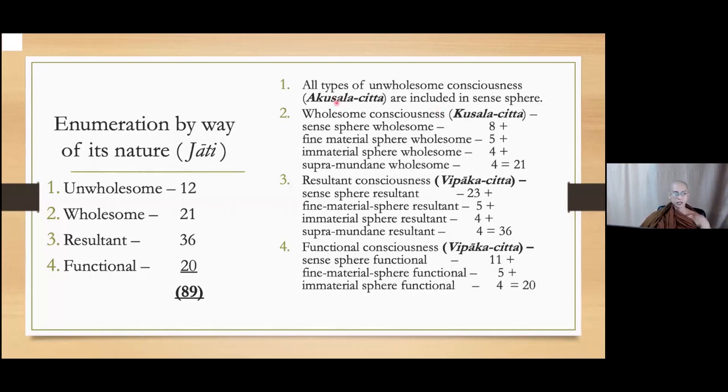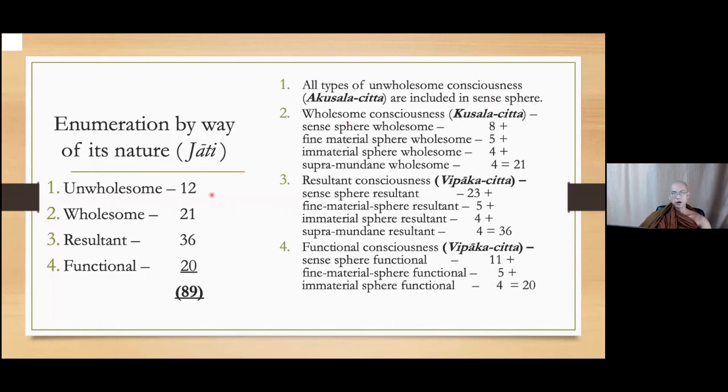Akusala, unwholesome consciousness, can arise there. But in the classification, it usually or frequently arises in the sense sphere plane of existence. That's why it is included under the classification of sense sphere consciousness.